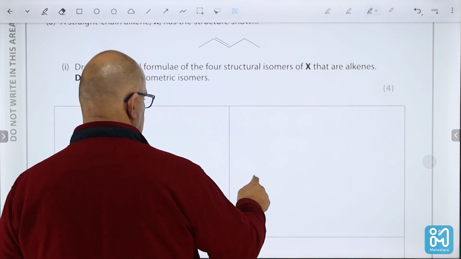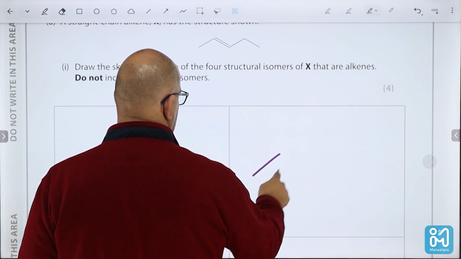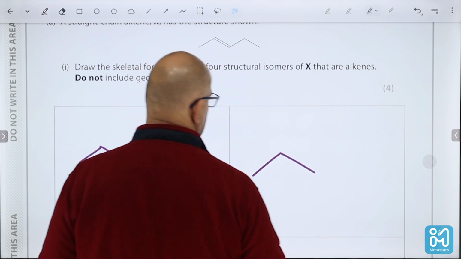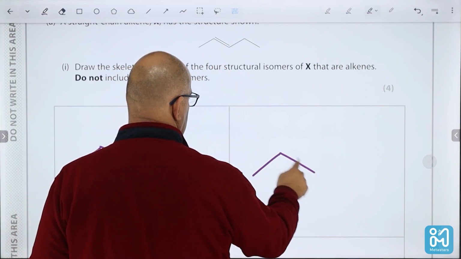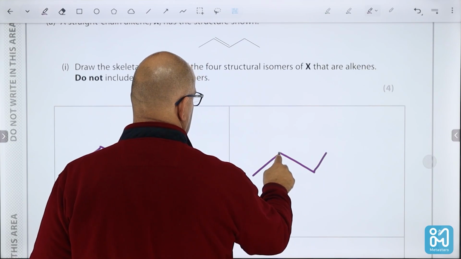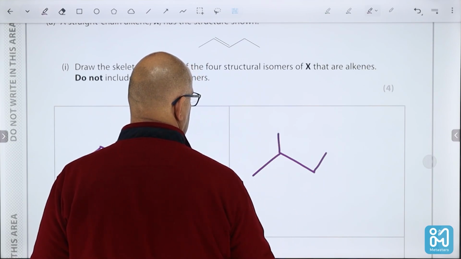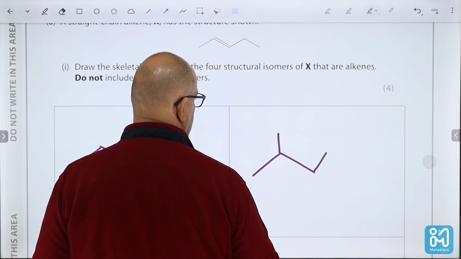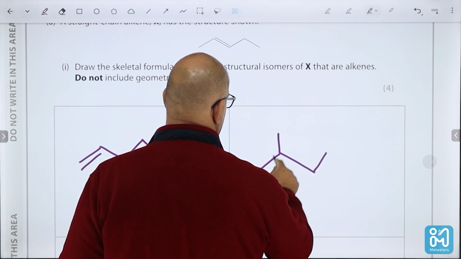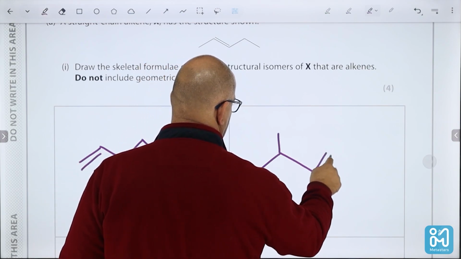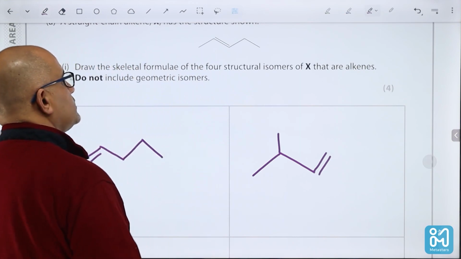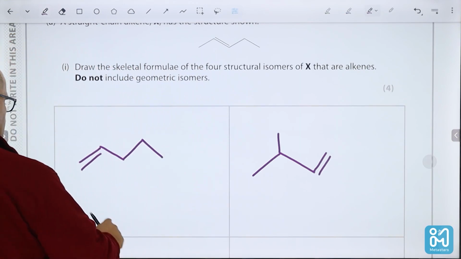Okay, the second one is this, 1, 2, 3, 4. And here we have 1, 2, 3, 4, 5. And this one is not a geometric isomer.